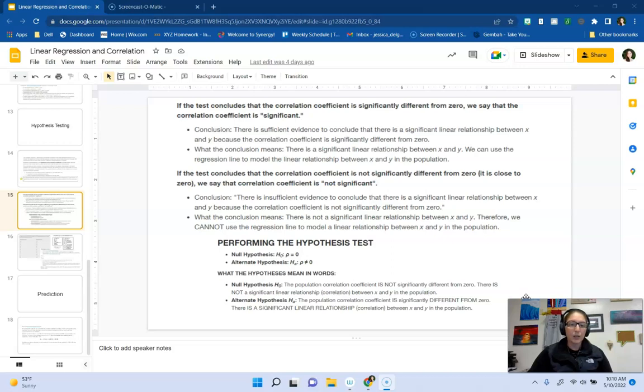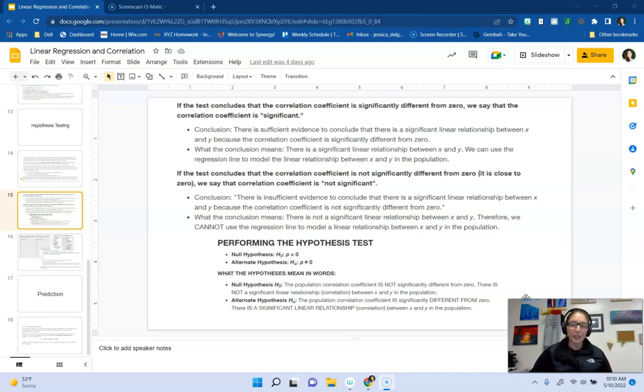That's what we want. What this means is there is a significant linear relationship between X and Y, and we can use this to model the relationship between X and Y in the population. In other words, we have a good sample, this relationship works, it's significant, I can use this now to model and predict stuff about the population.